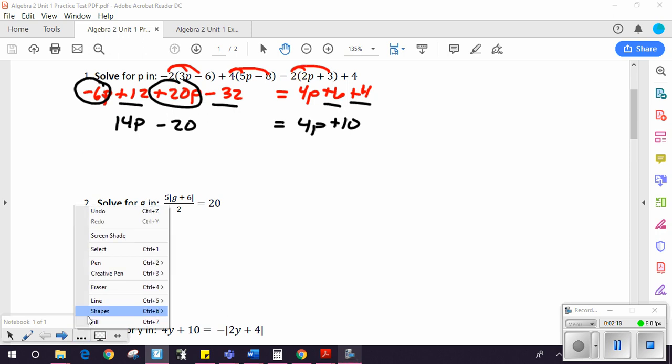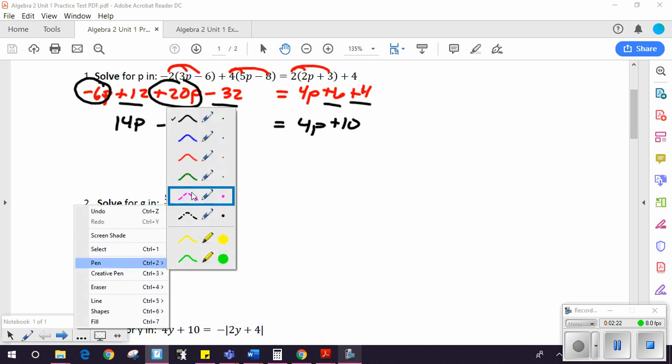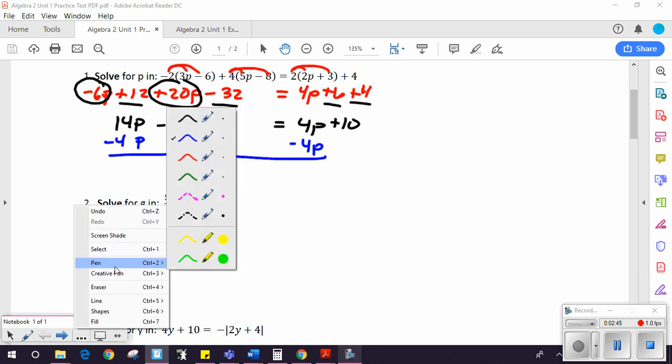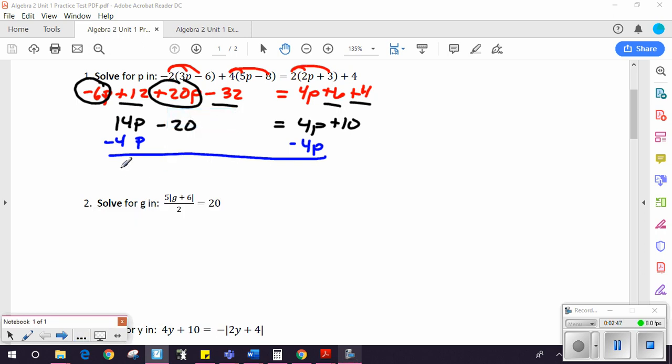I now want to get like terms on the same side of the equal sign. So I want to move 4p by subtracting. That gives me 10p minus 20 equals 10.